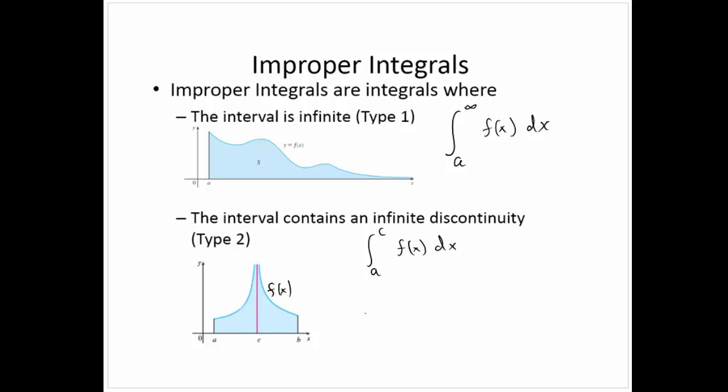Also, if I were to consider the integral from a to b of f of x dx, that would again be an improper integral because of the infinite discontinuity. So in this section, we're going to see how we can deal with these improper integrals.